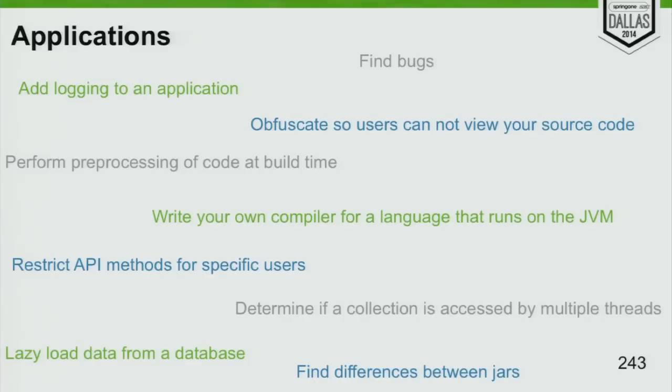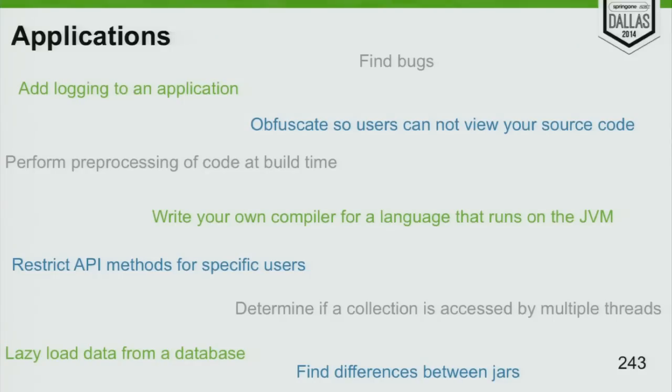So there's a lot of applications out there that you can use bytecode manipulation frameworks for. You can help find bugs, like the logging application I showed today. You can obfuscate source code. You can perform pre-processing like we saw with Hibernate. You can write your own compiler if you're really optimistic. You can restrict your API calls.